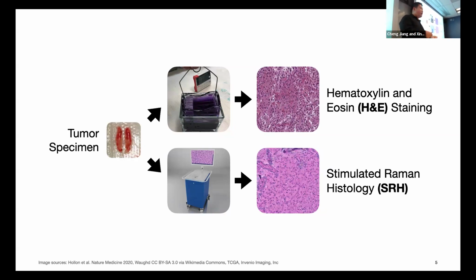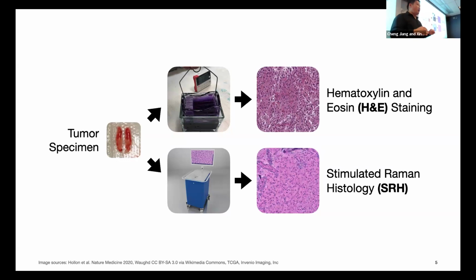We can do this right in the OR, where a specimen comes from the patient and goes directly into the microscope, and we can see the image right away. That's why we like SRH so much: we can get this image very rapidly, and have some diagnosis right there to help the surgeon figure out their treatment plan going forward.